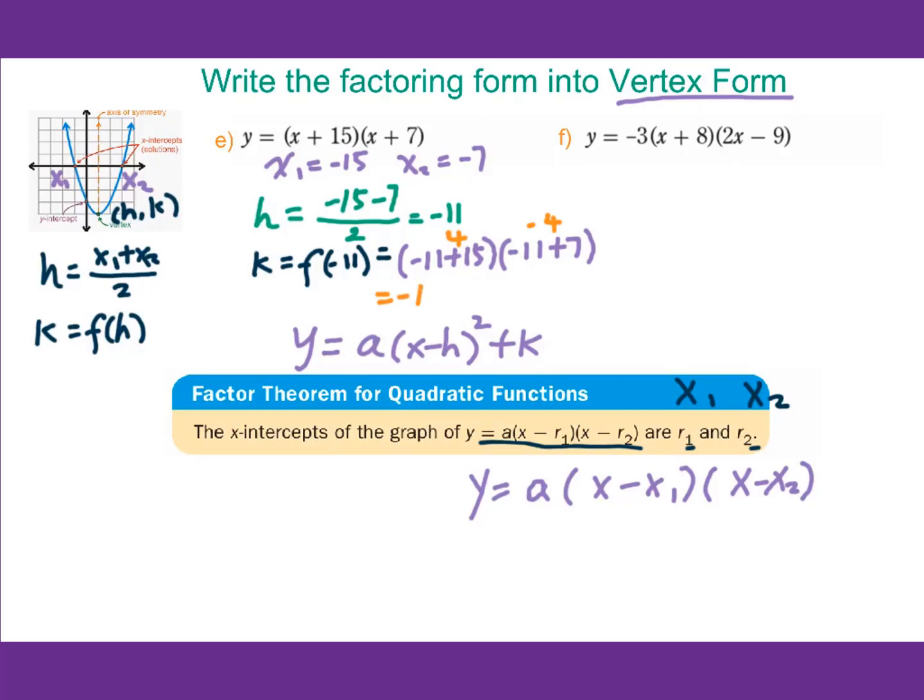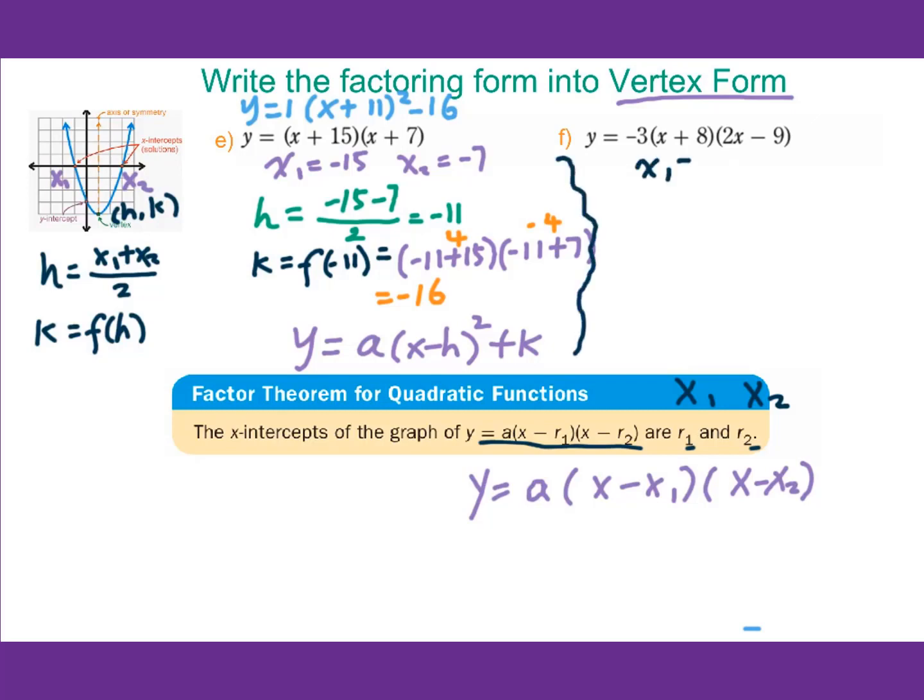So negative 16. Therefore, for vertex form, you will get y equals, a equals 1, then x plus 11 squared minus 16. That's for E.